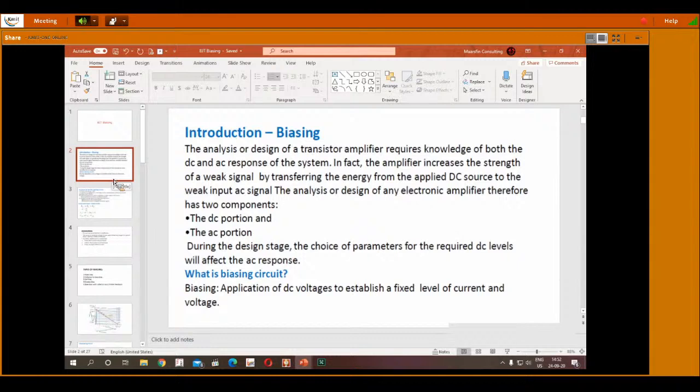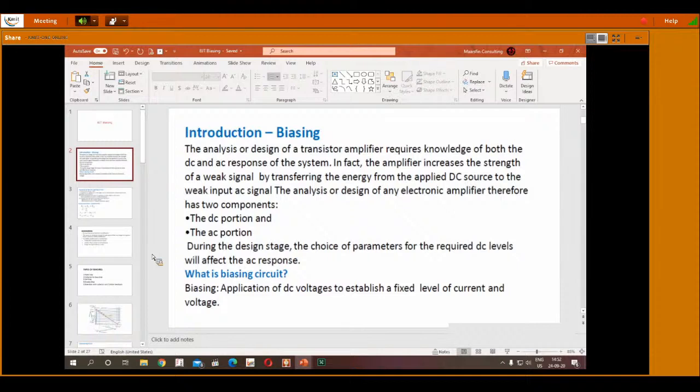Now the CE, CB and CC configurations are utilized to obtain the characteristics of those configurations. But when I want to use the transistor as an amplifier, instead of applying a DC input at the base to emitter junction, we have to replace it with an AC signal. If I apply an AC signal, my output is also AC, without any distortion.